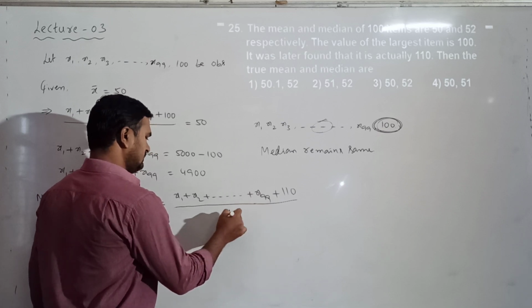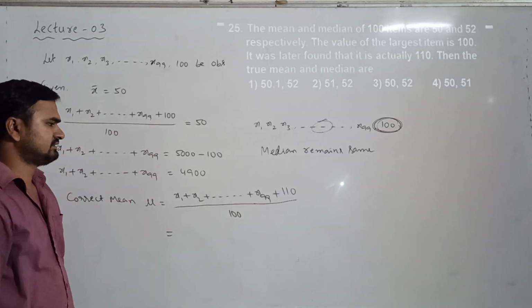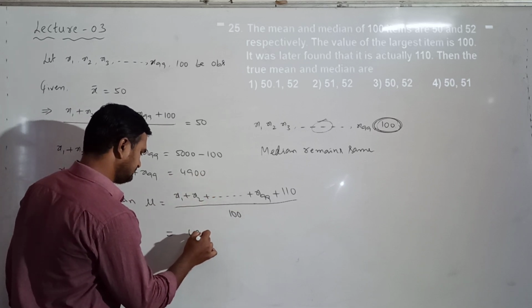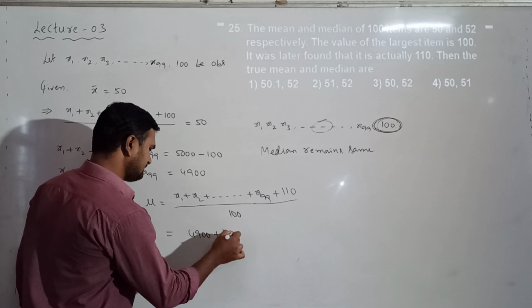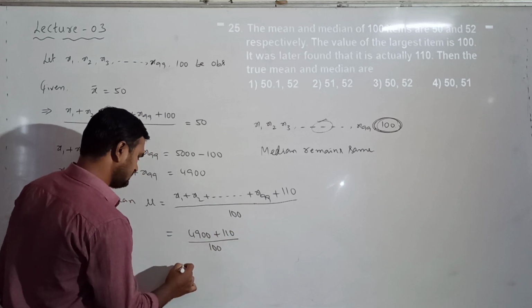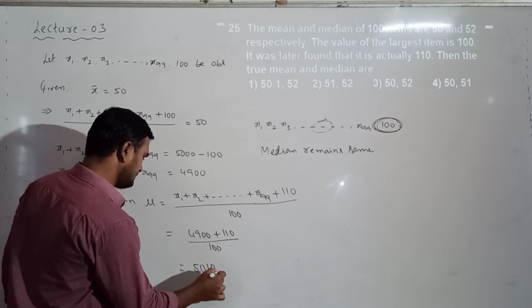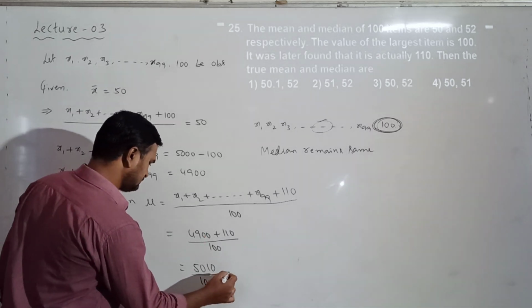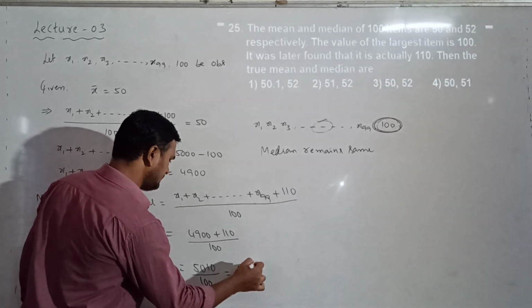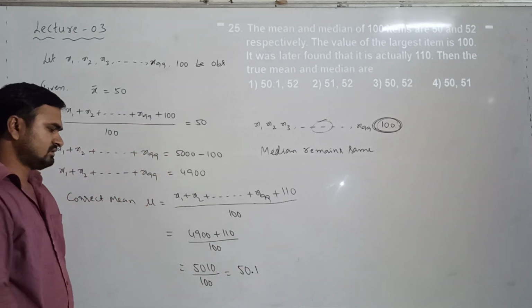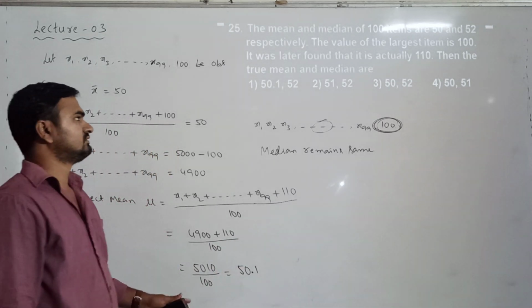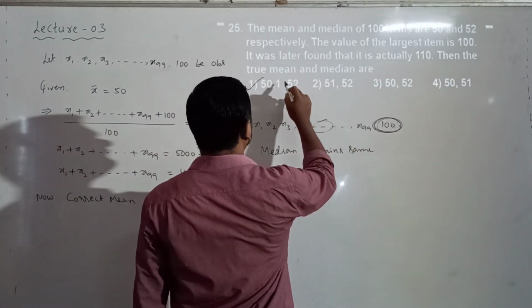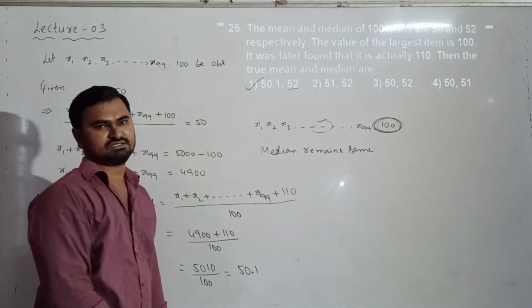Divided by the number of observations, 100. This value we know is 4900 plus 110, divided by 100. So it is 5010 divided by 100, which is 50.1. So the correct mean is 50.1, whereas the median does not change.